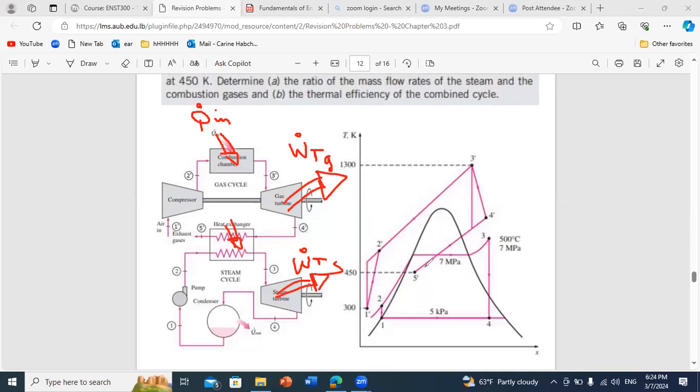Now, the analysis will be a little bit more complex than one cycle, but it's fine. And if we move step by step, it will be relatively simple. I want you to understand the cycles, because I might ask you, for example, to draw the scheme of combined gas steam cycles, or the scheme of reheat or of cogeneration.